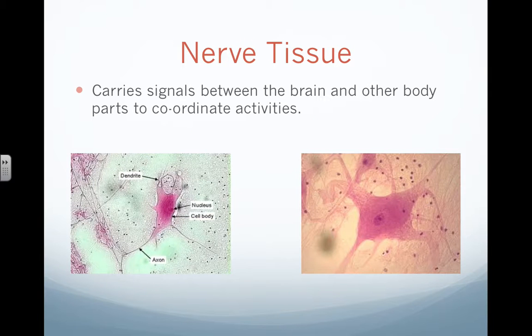Nerve tissues are the tissues that carry those signals from the brain to the other parts of the body to coordinate activities. So I want to move my arm. Well, a signal has to be carried there to move it. Oh, perfect.